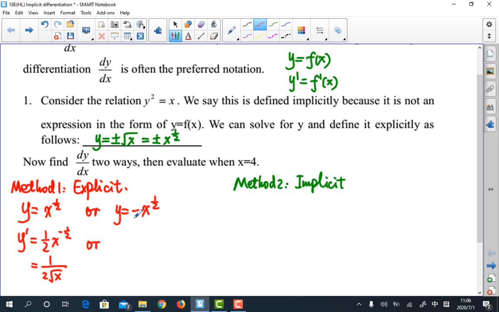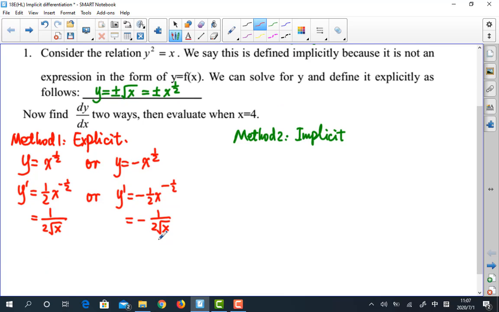Or this one, y equals negative x to the power 1/2. The derivative should be negative 1/2 x to the power of negative 1/2, which is negative 1 over 2 root x. So for each case, I can find the particular gradient of the tangent to the curve at x equals 4.